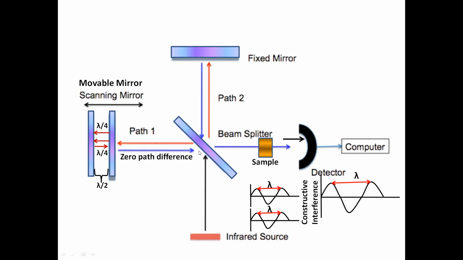This is the beam splitter. What is the purpose of this beam splitter? Again, I am saying this is a 50% coated mirror, which has transmittance 50% and reflectivity 50%. Due to this 50% coating, it will break this infrared light beam into two parts.